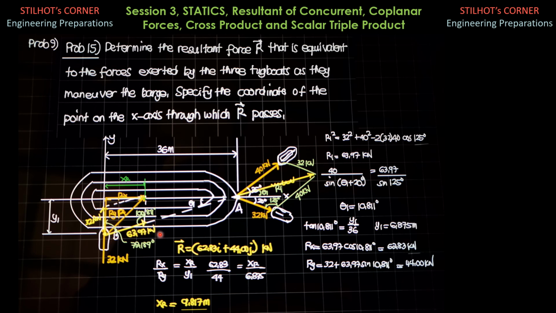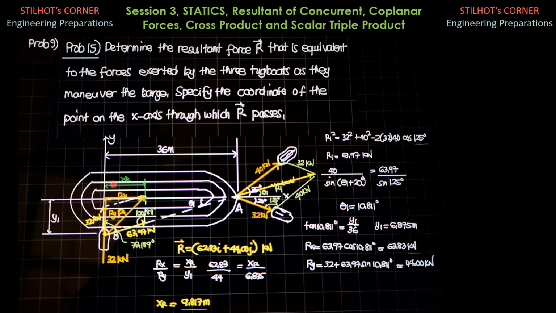The cosine of this angle is also cosine of theta 1, 10.811. So Rx is 62.83 kilonewtons. Ry is equal to 32 kilonewtons already given, plus the y component of 63.97, which is 63.97 sine of 10.811 degrees, so 44 kilonewtons. Therefore, our answer for R in vector form is 62.83 i plus 44 j quantity kilonewtons.